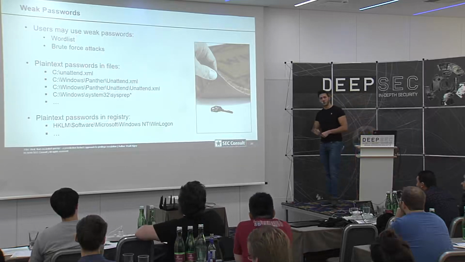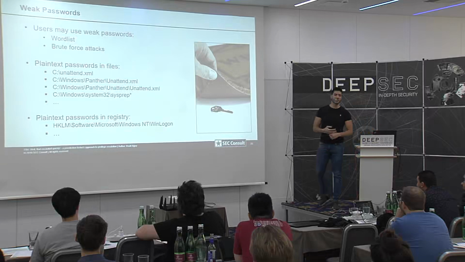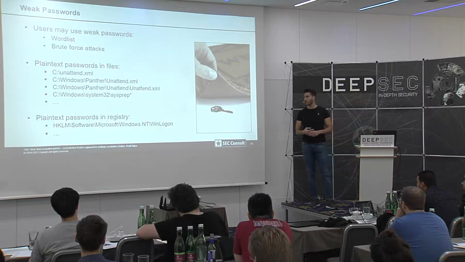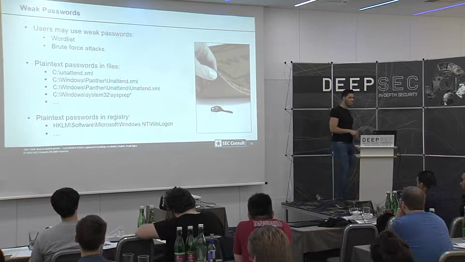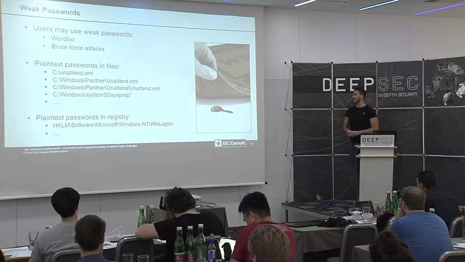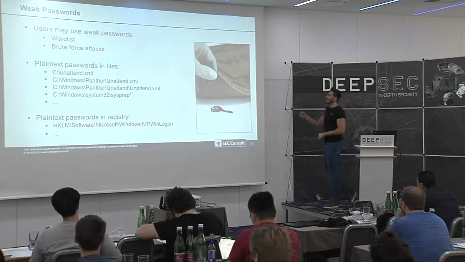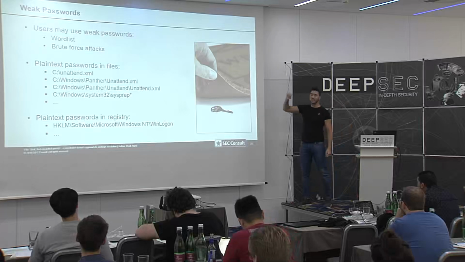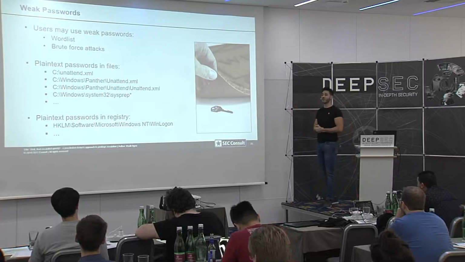So I was trying all the different attacks with the more complex ones, but I didn't find any way. And then I thought to myself, hey, let me just, for the sake of it, try to find plain text passwords in files. So I was checking different files, and in this Windows unattend XML, there was a password.